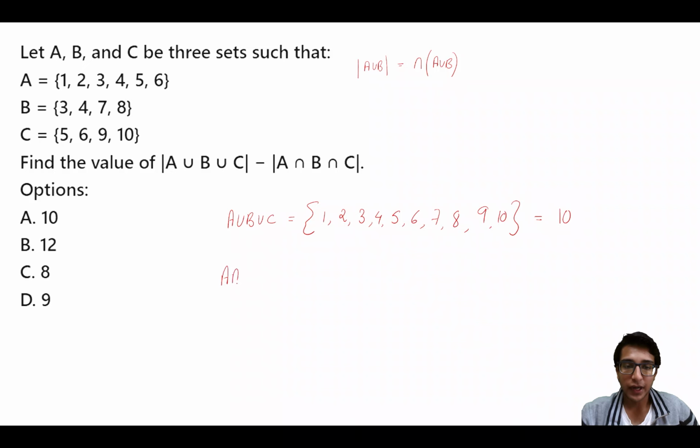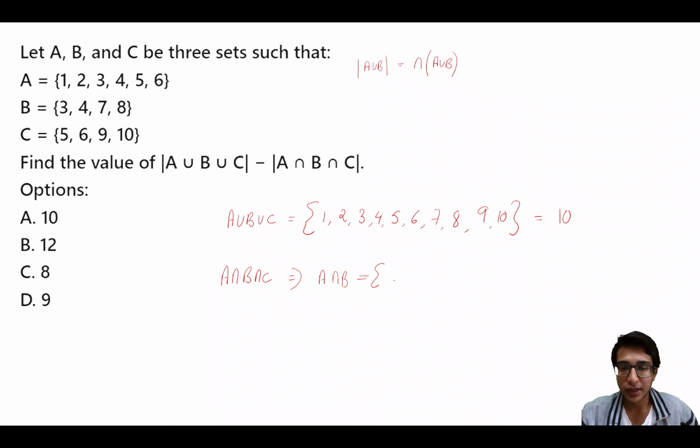Now let me do A intersection B intersection C. First of all, I'll find A intersection B, and then I'll intersect it with C as well. So what is my A intersection B going to be? A is 1 2 3 4 5 6, B is 3 4 7 8.